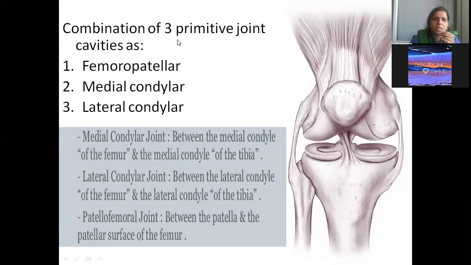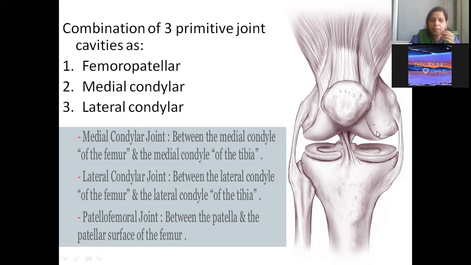If you remember, for the elbow joint also we have seen humeroradial, humeroulnar, isn't it? Then superior radioulnar, like that the joints were. So like that, here also there are combinations of the three primitive joint cavities, like between the femur and patella, which you call femoropatellar.